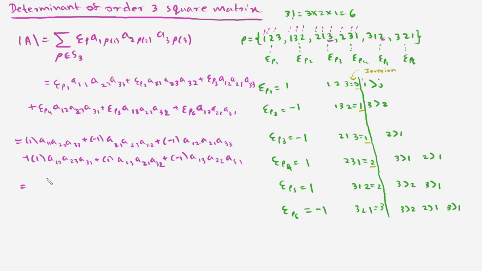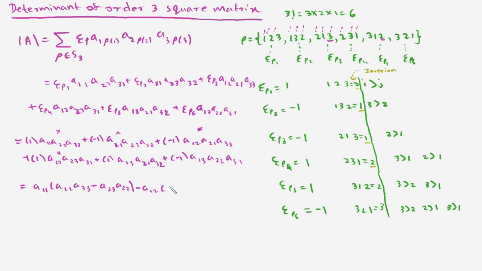So let's first take A11 from these two segments. So A11, A22, A33, and minus A23, A22. Then let's take minus A12 from these two segments.